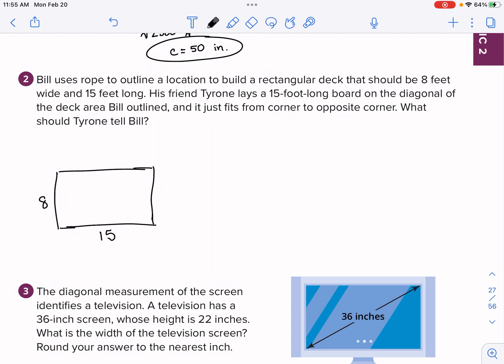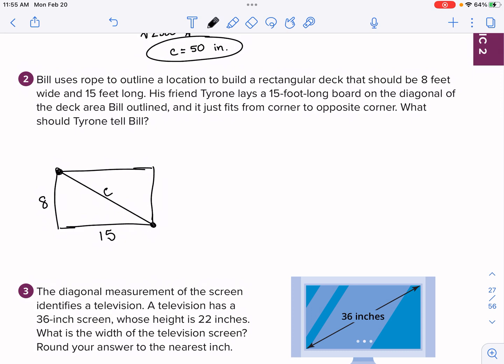His friend Tyrone lays a 15-foot long board on a diagonal of the deck area Bill outlined, and it just fits from corner to the opposite corner. So opposite corners here. What should Tyrone tell Bill? So, how long is that diagonal there?